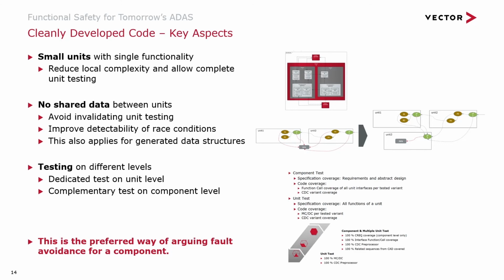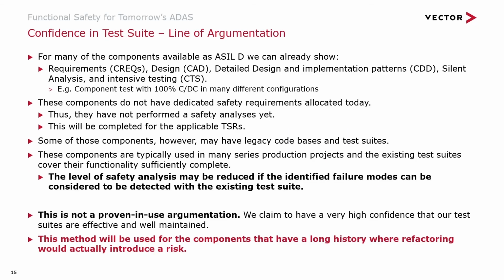But of course, as I mentioned, we have a lot of legacy code, and legacy code we also have to reach this fail operational level. And this means showing that we have a robust test suite, robust enough to test the requirements and the design, showing 100% CDC coverage level, to a level of rigor that would be expected of ISO 26262 ASIL-D. Now, it's important to note this is not a proven in use argument.